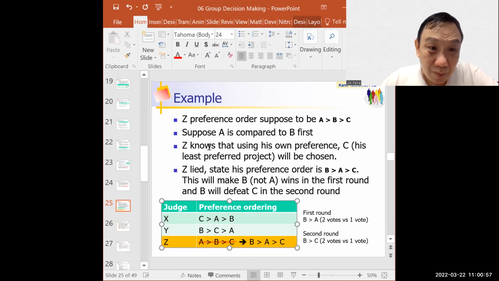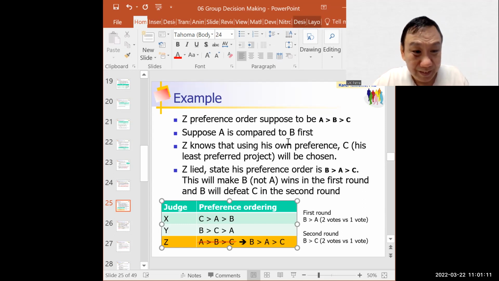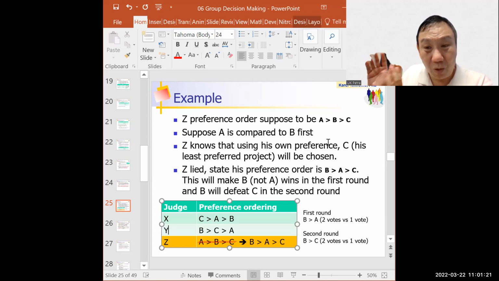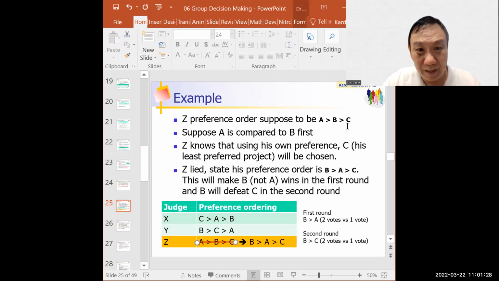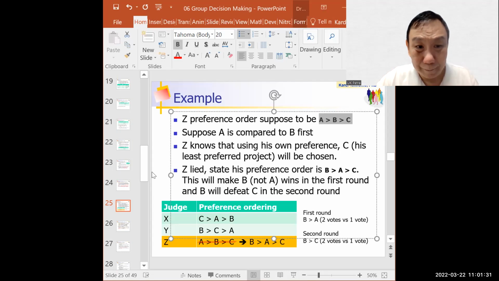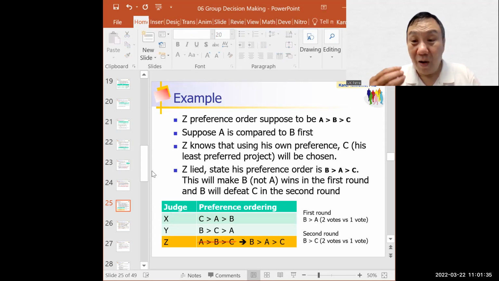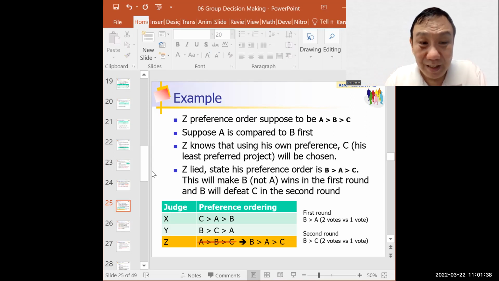Now, suppose A is compared to B first. If you look at this, Z knows that if he uses his own preference, C will be chosen, because this is the least preferred project for Z. Remember, this is the original preference order of Z. Now what happens is Z, knowing the judgment of X and Y, will lie about his own preference.